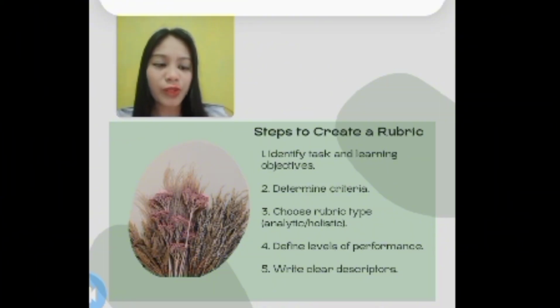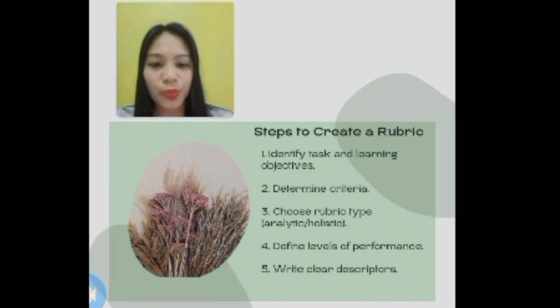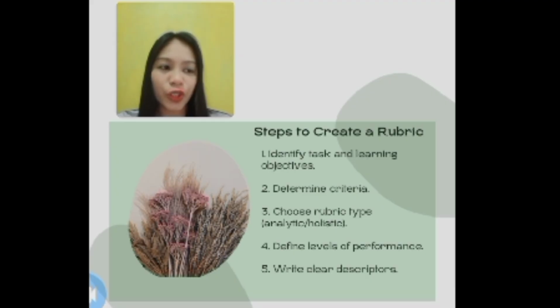Numeral levels 4, 3, 2, 1 that reflect a range of proficiency. Number 5, write clear descriptors. Describe what performance looks like for each criterion using specific, observable, and measurable language.